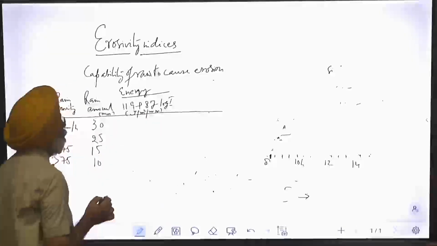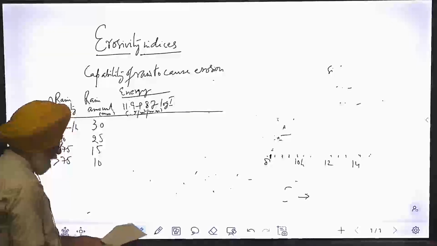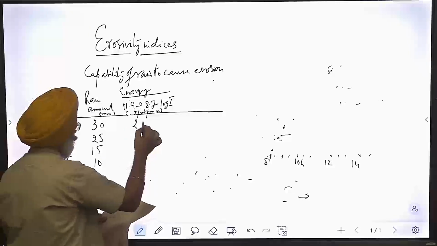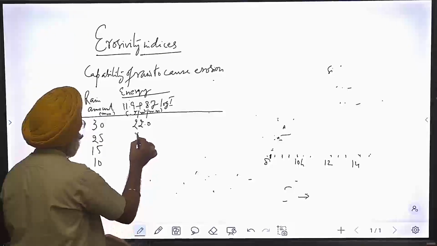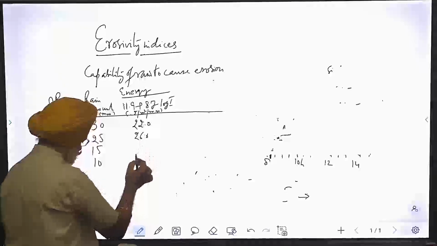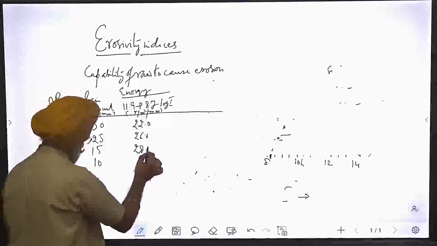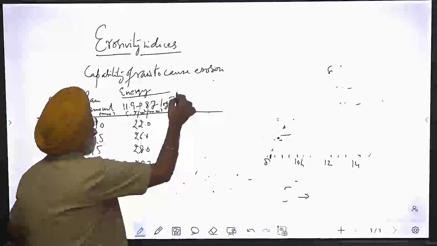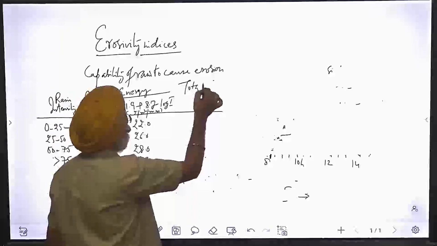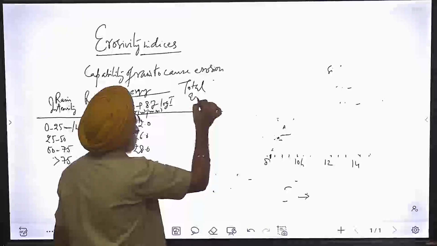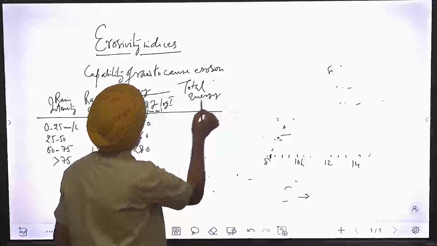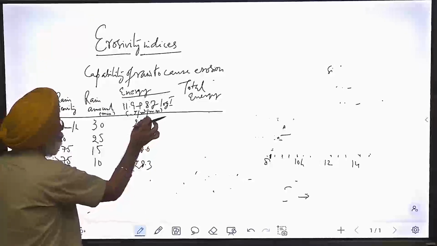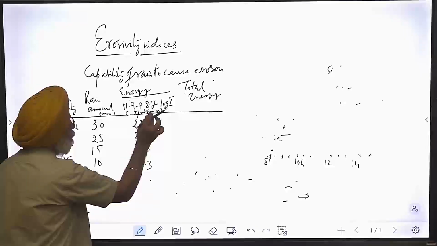So, this is how we calculate the energy, and the energy calculated over here comes out to be 22, 26, 28 and 28.3. Then we will find out the total energy. Why? Because this is energy in joules per square meter per millimeter of rainfall.